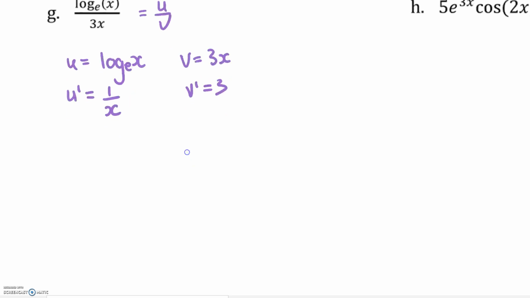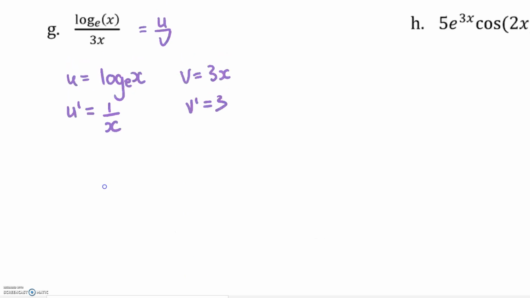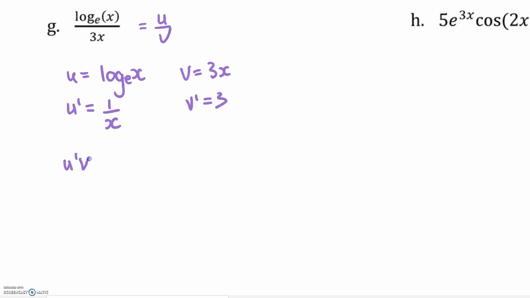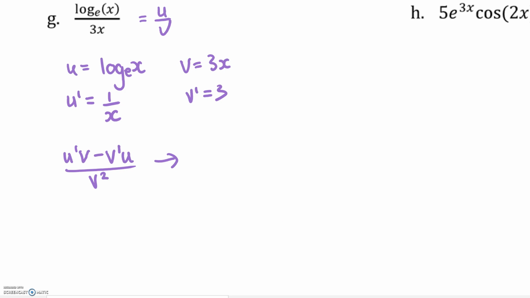So we've then just got u dash v, take v dash u, all over v squared. So this is going to give us u dash v is 3x times by 1 on x.